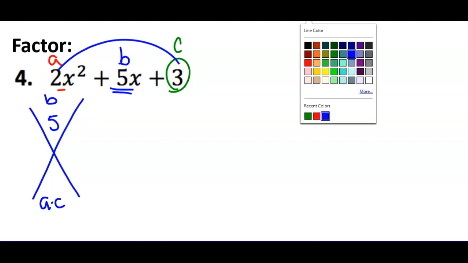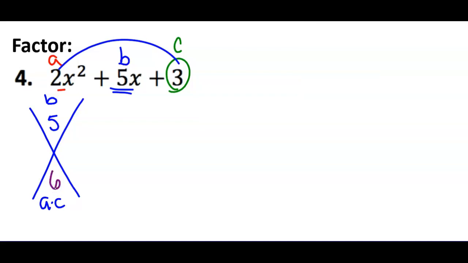We'll make that purple. A times C is 6. And now we need to look at two numbers that multiply to 6 and add to B, or add to 5.